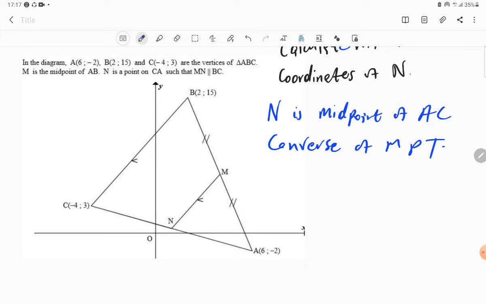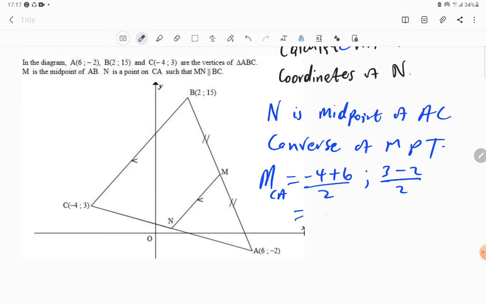Now the idea is to figure out the coordinates of N. We just need the midpoint of AC. It's going to be x1 is -4, x2 is 6, divided by 2, then y1 is 3, y2 is -2, divided by 2.